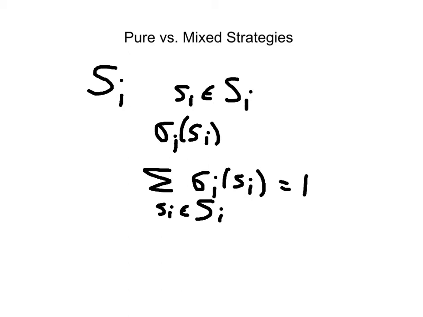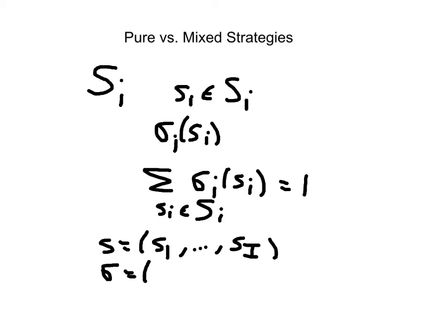Now, a profile of pure strategies is simply the list of strategies played by I players. A profile of mixed strategies would simply be the profile of probabilities that each such pure strategy be played.